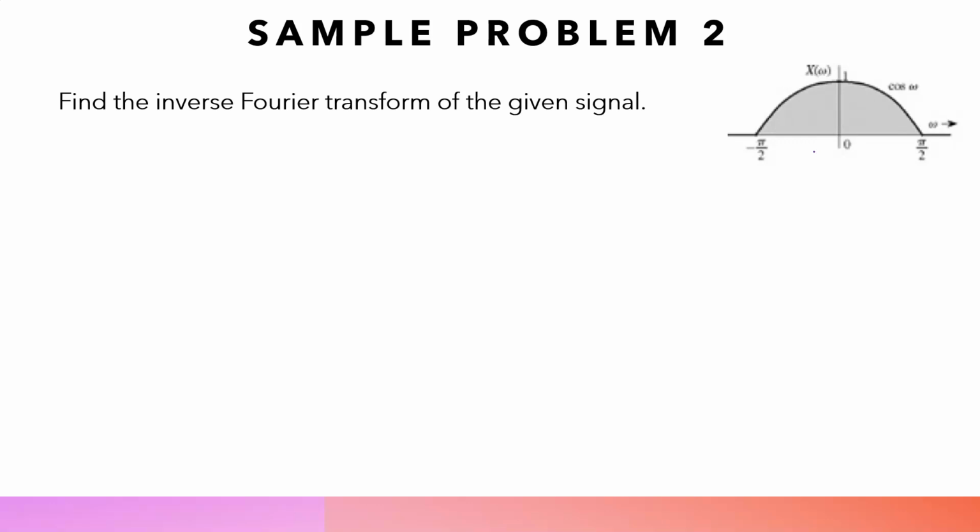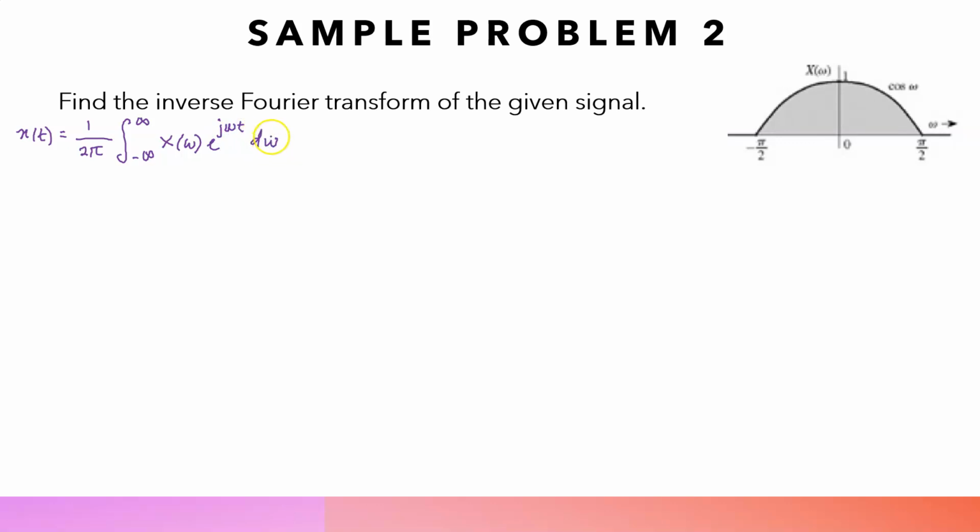The general formula for the inverse Fourier transform is x of t equals 1 over 2 pi integration from minus infinity to infinity of X of omega e^(j omega t) d omega.